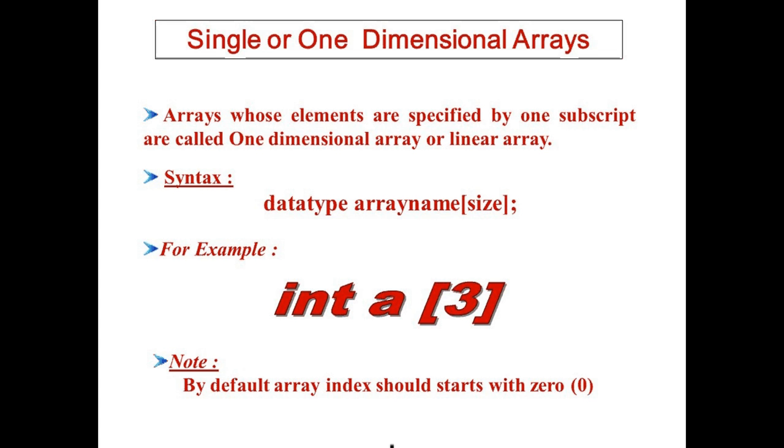So array size is 3 and it has stored the 3 elements, and index starts from 0 and goes till 2. By default array index should start with 0. You can also start the array index from 1 to 3, but it is mostly preferred that we store array elements from the 0 index.